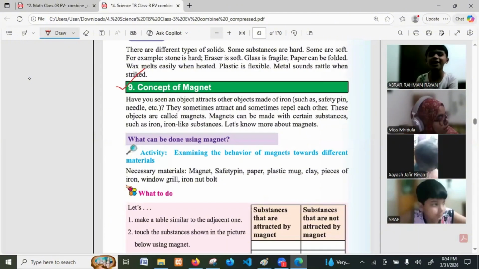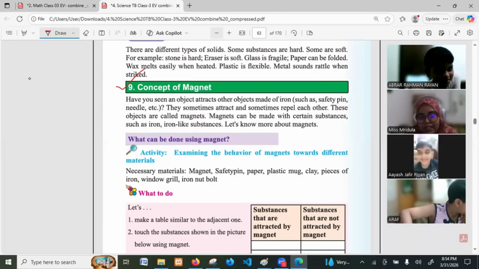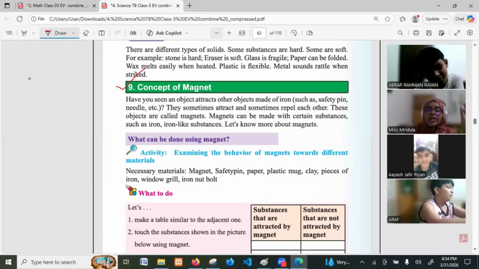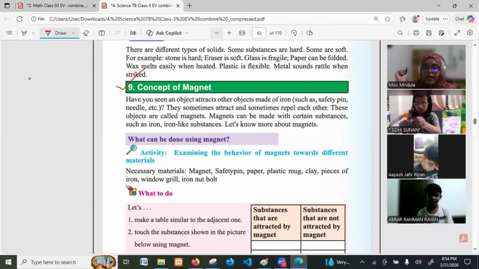Miss, is there electricity on the ground? No, and that's not what I meant to say. I am telling you that a magnet is a natural thing, but if I want to turn a non-magnetic thing into a magnet, I need to pass electricity through it. But in nature, magnets are not formed by electricity.